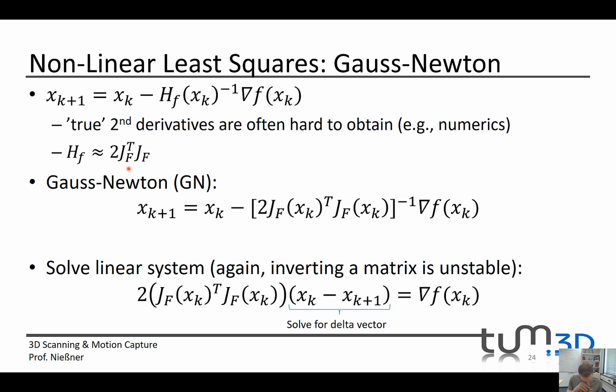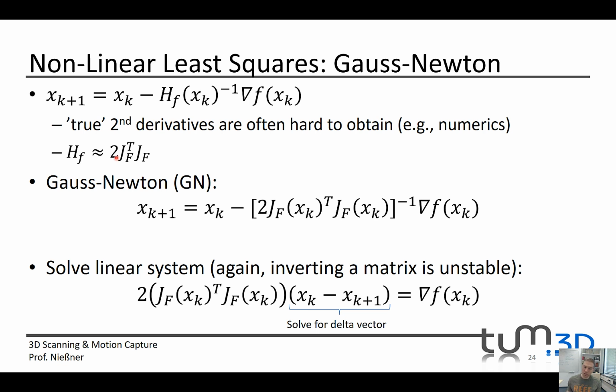And in this case, this basically leaves out the true second order derivatives, and approximates them accordingly with the mixed derivatives, right? And this is called Gauss-Newton, and the only difference is you're basically approximating the Hessian with 2 times JTJ.